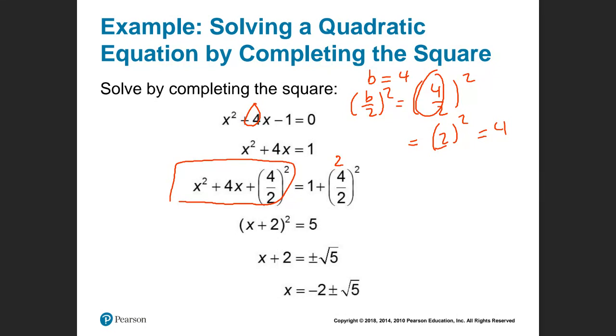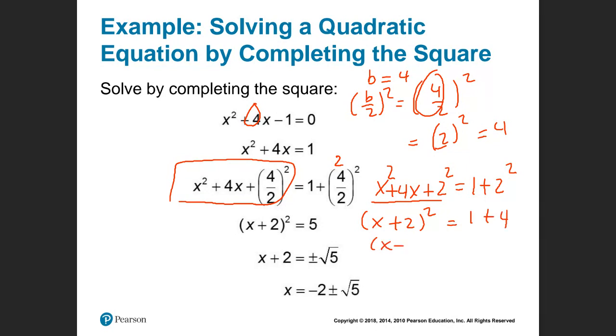We can write it here: x squared plus 4x plus 2 squared equals 1 plus 2 squared. This becomes x plus 2 squared equals 1 plus 4, so x plus 2 squared equals 5.